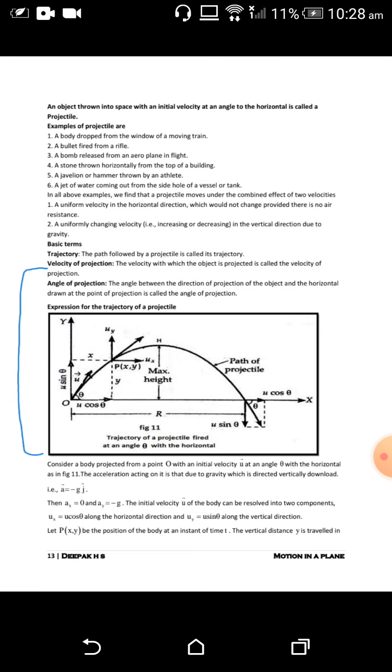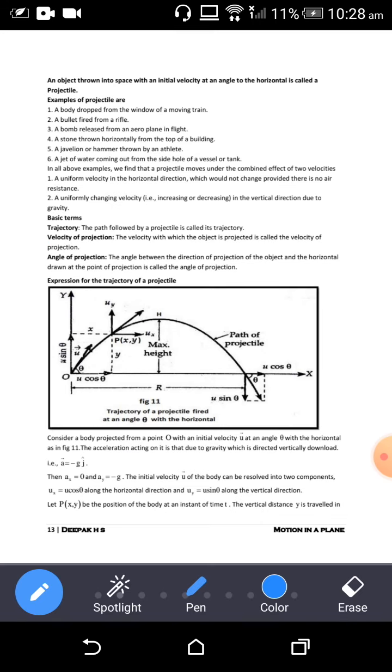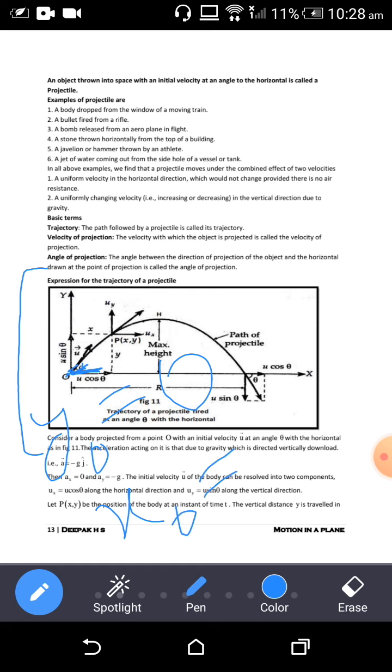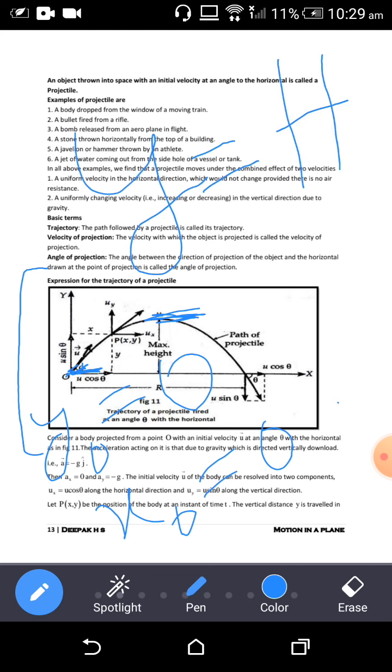What do you mean by that? y naught is equal to 0 is nothing but at this point, at the origin, the displacement along the y axis is 0, right? Similarly, x naught is also 0, but at the maximum height, the vertical displacement will be y is equal to h. That is the meaning of that.